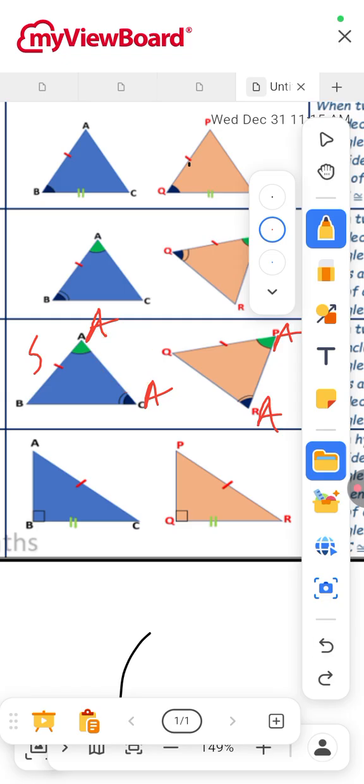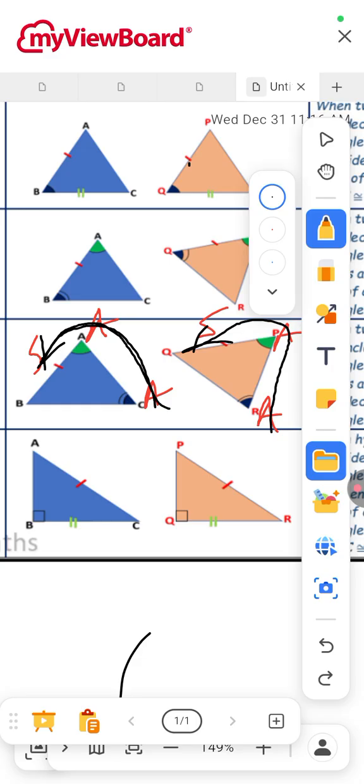The same thing in that triangle: the side PQ is not in between the two angles. So definitely this is AAS. This is the condition for two corresponding angles and a non-included side.